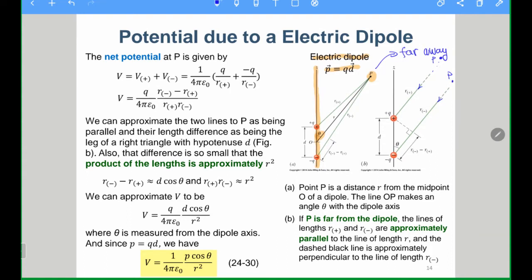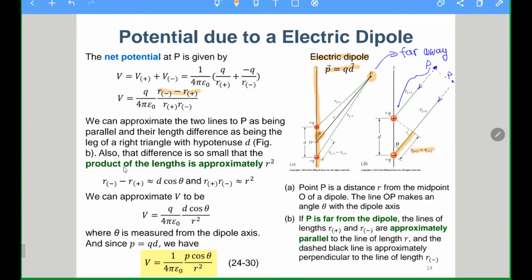Okay, so suppose P is here. So this is R plus, this is R minus. So this part and this part, we can assume to be the same length. So the difference, because we need to come up with R minus minus R plus, is this part.